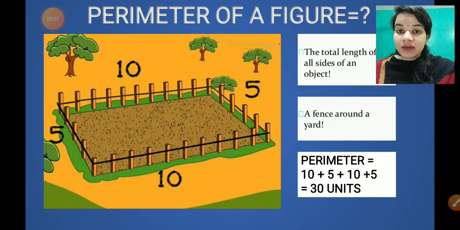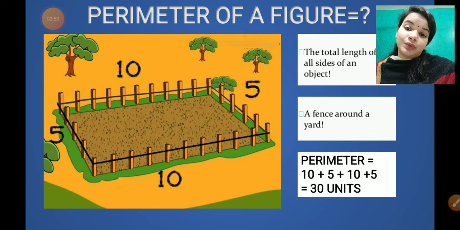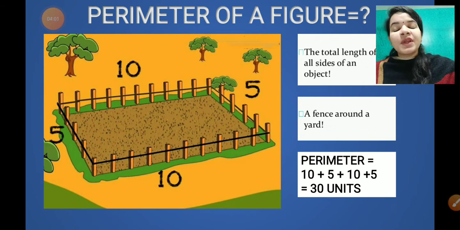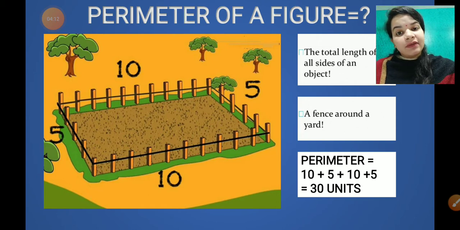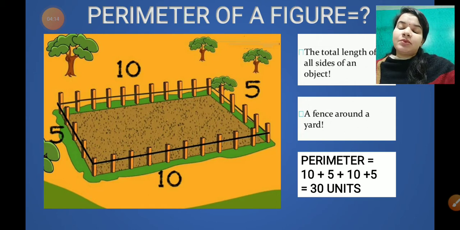If no unit is given, you can simply use the word units. As in this question, if the length and breadth were given in centimeter, your perimeter will have the unit centimeter. If they are given in meter, then your perimeter will have the unit meter. So it depends upon the unit of the dimension.